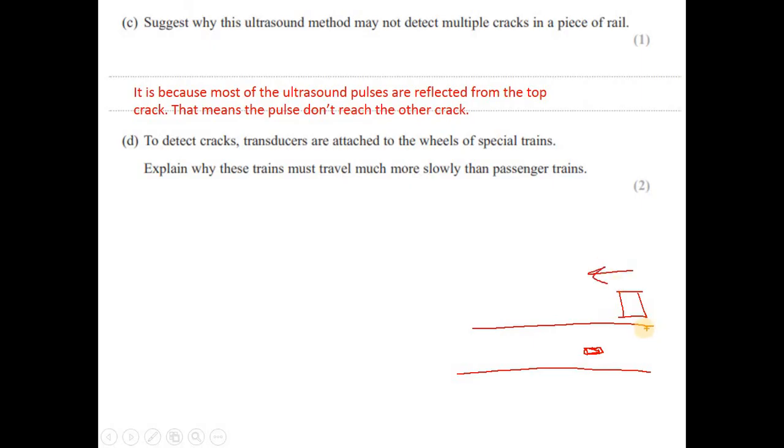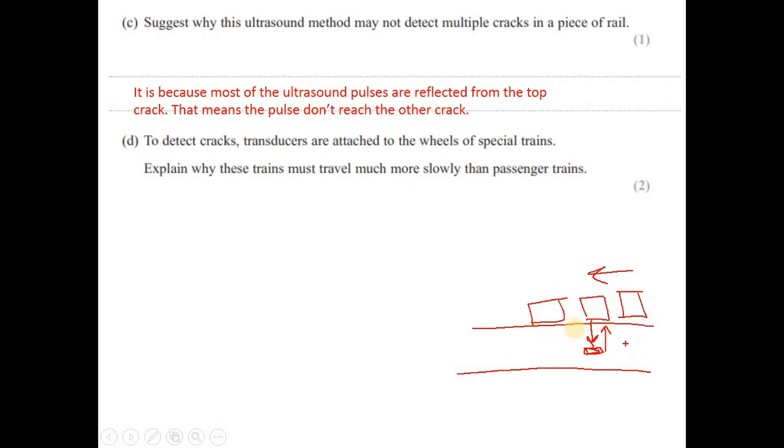If it is moving faster, when the train sends a pulse down, because there is always a delay between sending and receiving, when the echo is coming back, at that moment, because of the fast speed, the train might have changed its position.